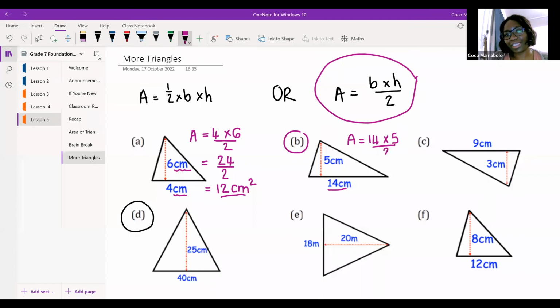Excellent. And you can use your calculator. What is 14 times 5, my sweetie? 70. Good. And then 70 divided by 2, how much is that going to give me? 35. Good. Is equal to 35.